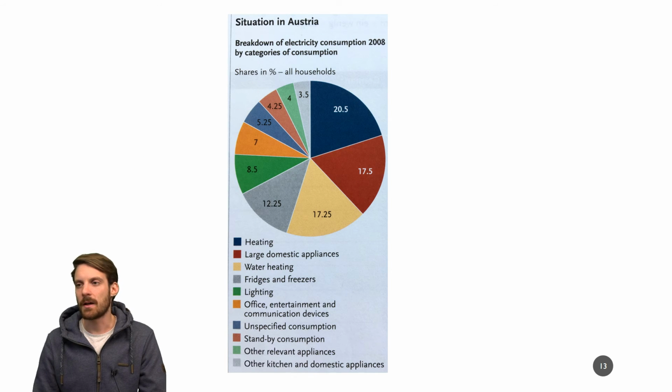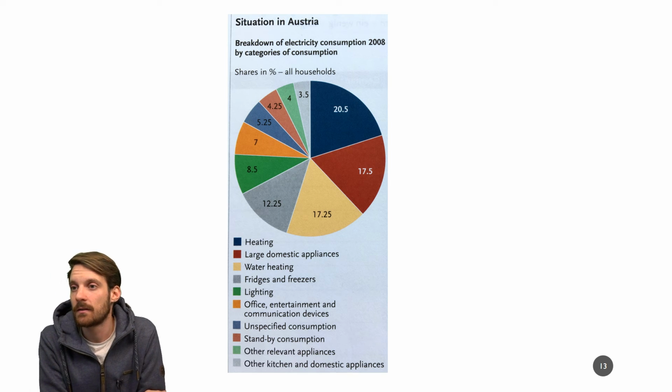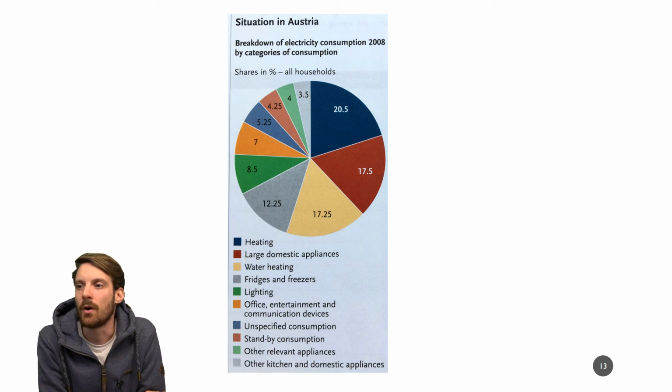And now that's the pie chart. We're going to start with simply explaining what this pie chart is all about. In this case, this pie chart is about the electricity consumption by categories of consumption in 2008, and this is the breakdown of Austria.